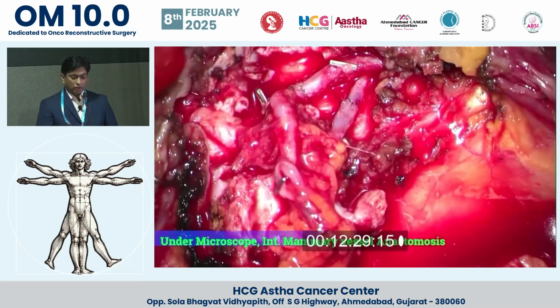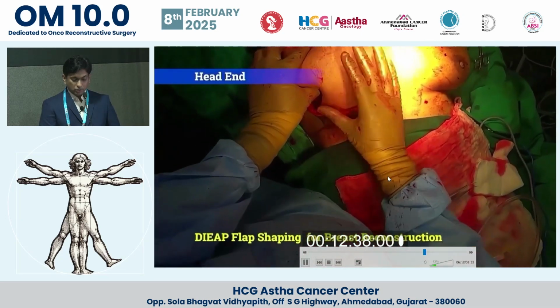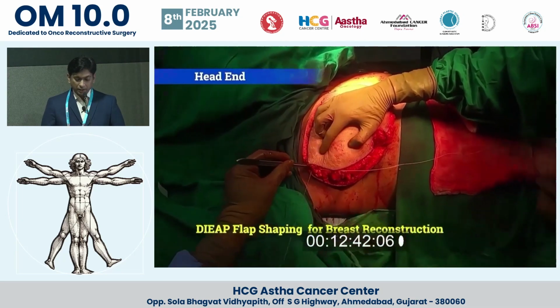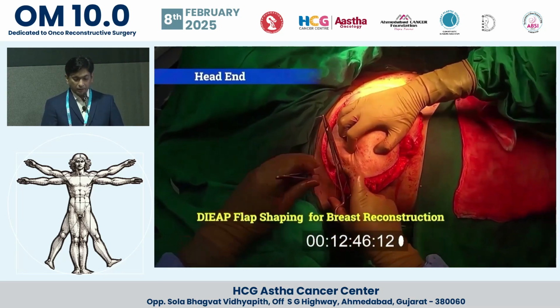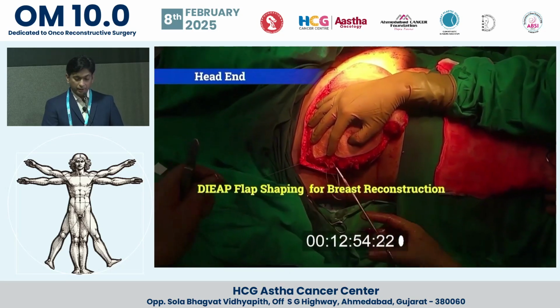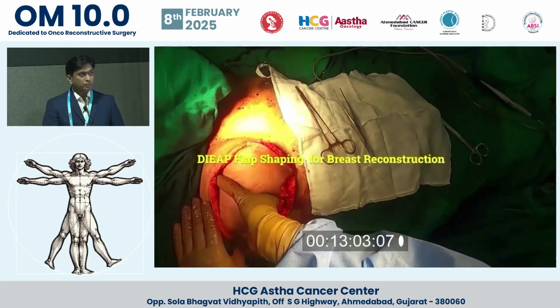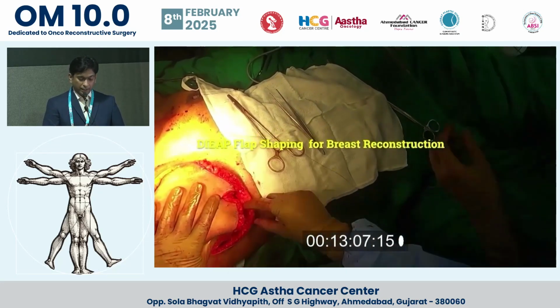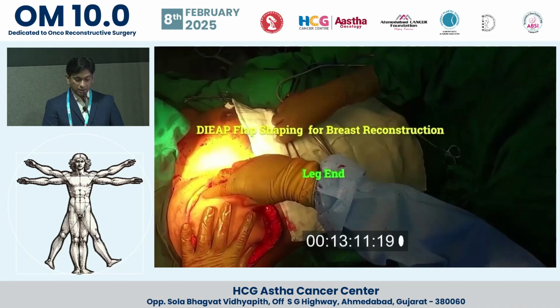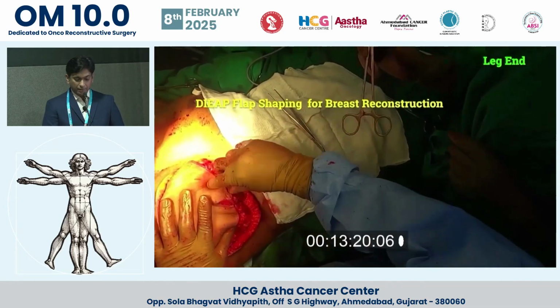The distal cut end of the internal mammary artery and vein is being used to anastomose the second pedicle. Another major critical part is the flap molding. The main aim has been superior pole fullness. So we do the coning to get the projection, and we suture it back.